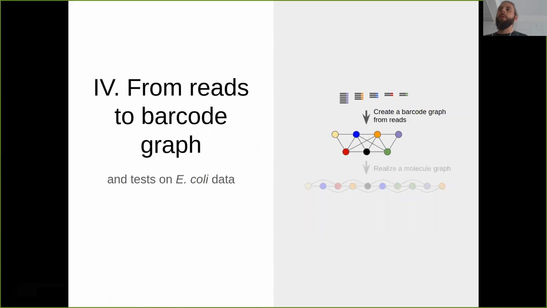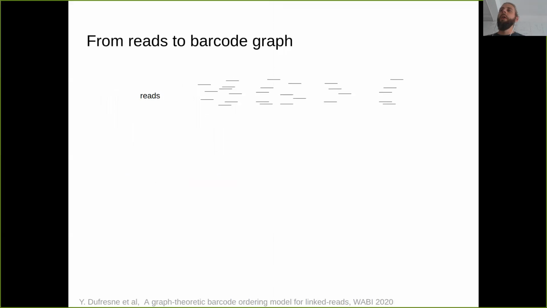The second part, that is the first part in our process, is how to construct our barcode graph from the reads. So first, we have all the short reads outputted from the sequencing, and we create an assembly using SPAdes.